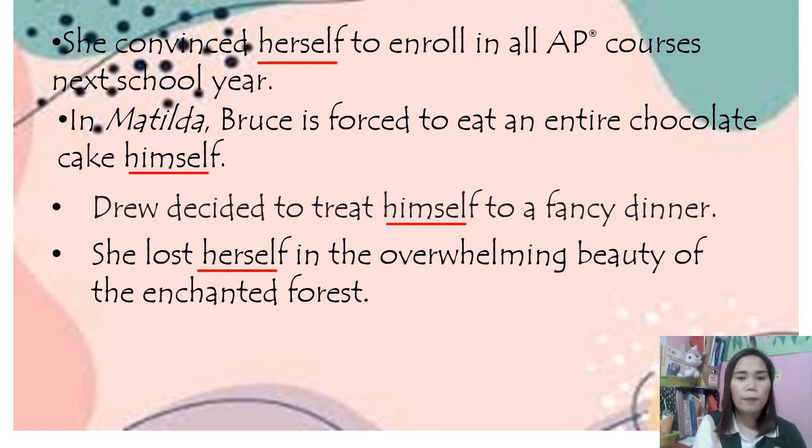Therefore, herself refers to the subject she, and it is a reflexive pronoun. Okay, so we cannot omit herself here because it is an indirect object. Oh, sorry, that is direct object rather. All right, so she lost herself. So herself here is direct object.